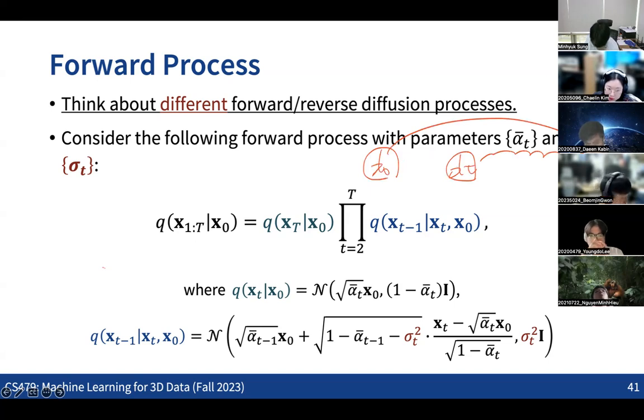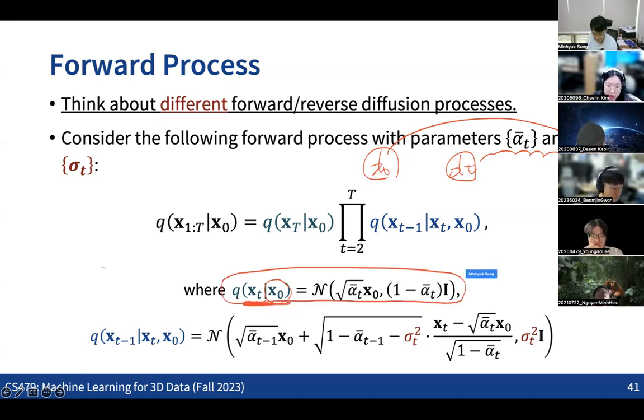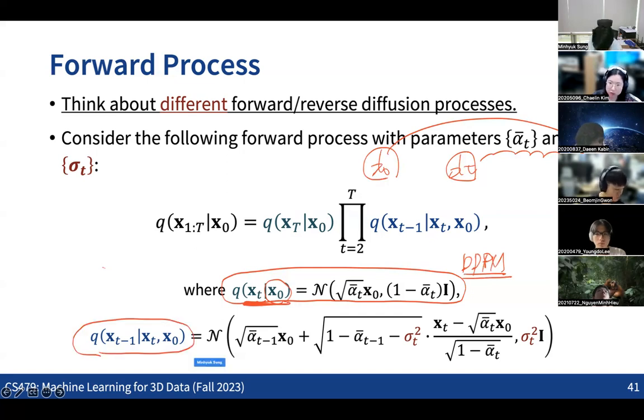Still, what we can see is that we can do this kind of jump from x0 to any xt, and this transition is defined in the same way as in DDPM, right? And now we are also modeling this, given x0 and xt, the specific conditional distribution of xt minus 1 given xt and x0.